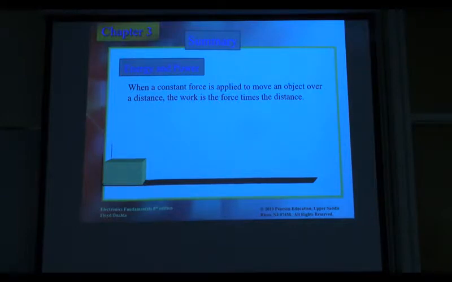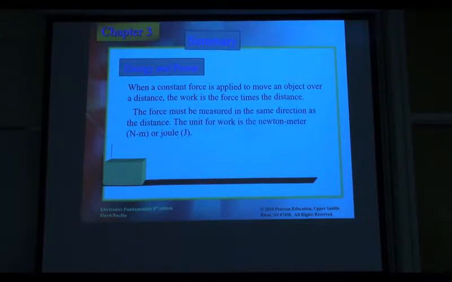Like this one, you move the box from the left to the right, so that's the animation. See, you move this. You need to apply a force, and you move this by some distance.